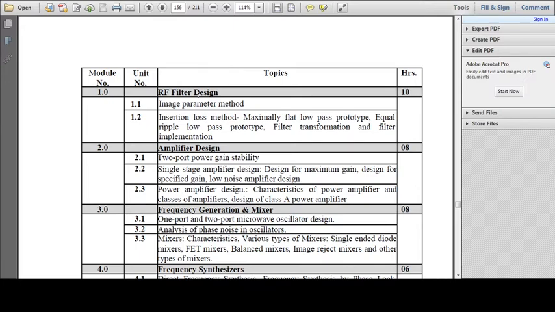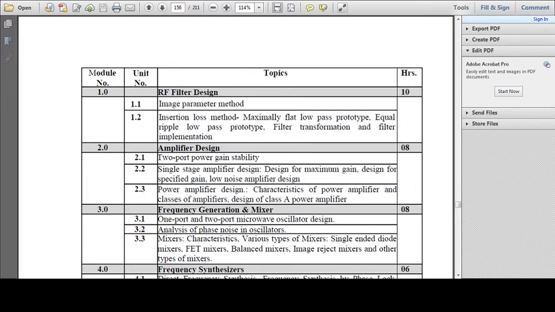Then the insertion loss method, maximally flat low pass prototype filter, equal ripple low pass prototype filter, and then we see filter transformation and filter implementation. So various methods are explained in module 1 on how to design RF filters. A total of 10 lectures are allocated for this.